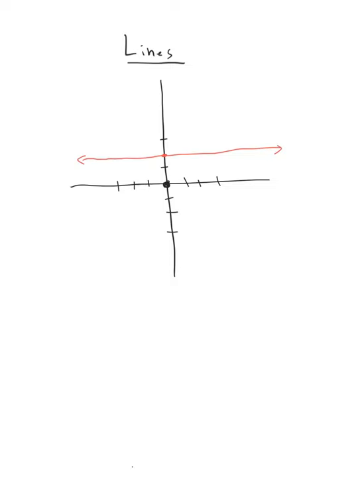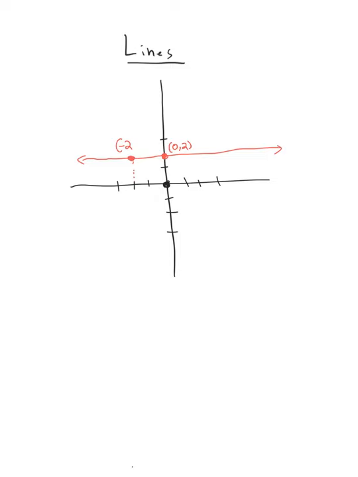Well, let's pick some points on this line. Here's a point. Well, that point is cutting through the y-axis, so the x-coordinate is 0. And the y-coordinate is, of course, 2. Well, let's look at another point on the line. How about this point? Well, here, the x-coordinate is -2.